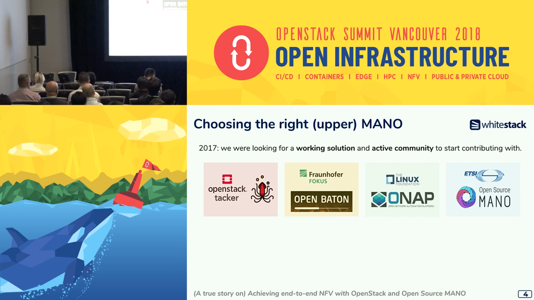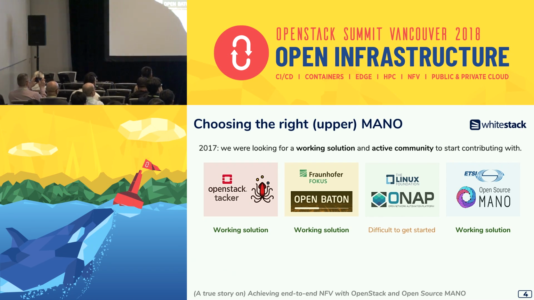So comparing these 4, at least for us, it was a matter of, first of all, seeing if they had a working solution, and it was the case in most of them. In ONAP, for us at least, it was difficult to get started because it's a big stack of components, and they were not ready at that time anyway.